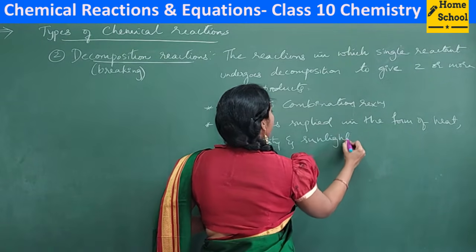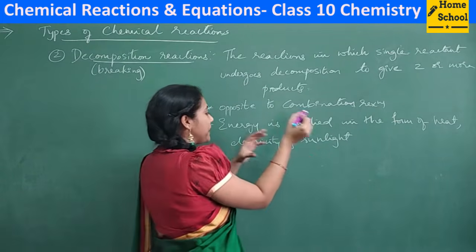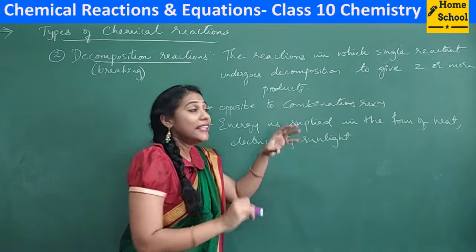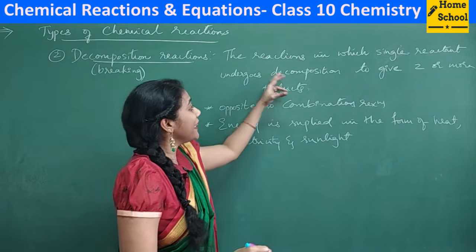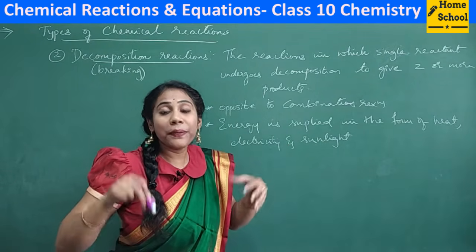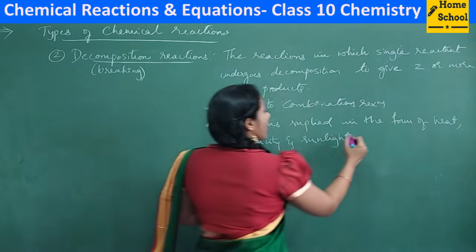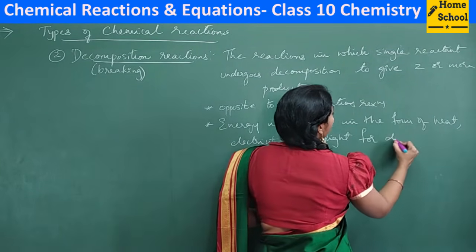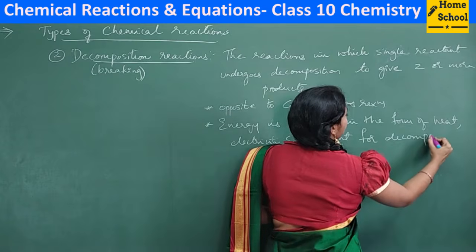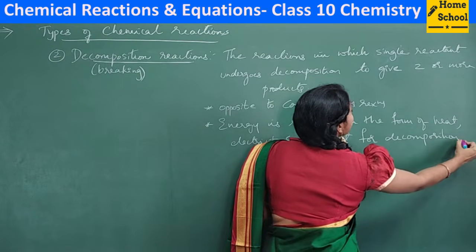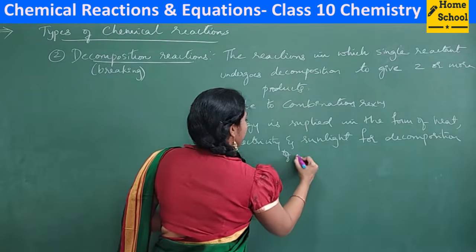So why do you have to supply this energy in the form of heat, electricity and sunlight? It is to bring breaking of the reactant. It is to bring decomposition of the reactant. So this point is very important.